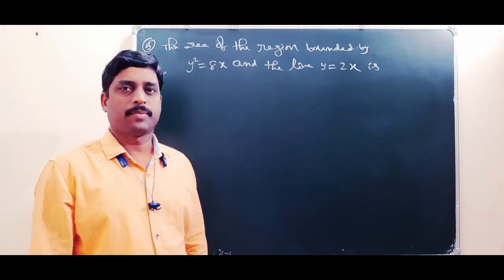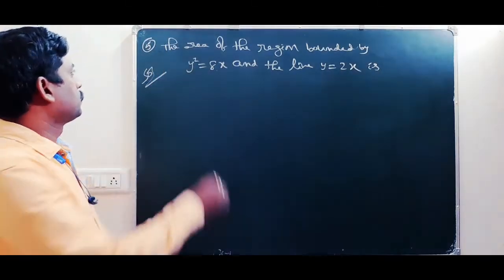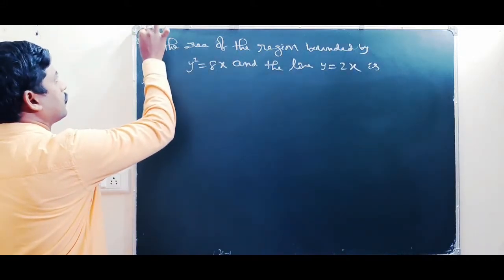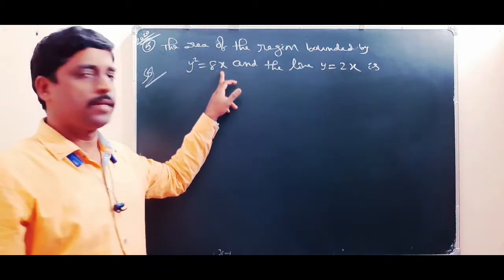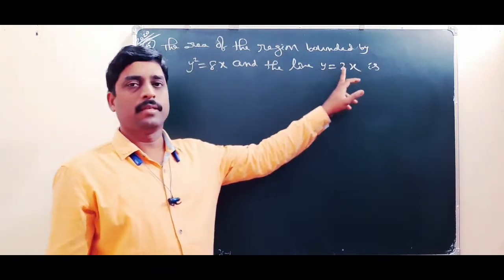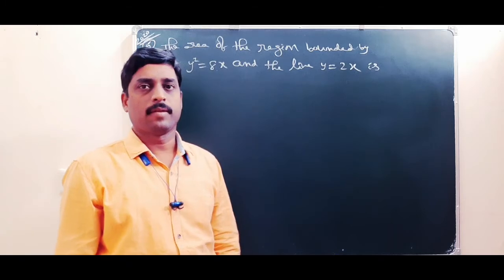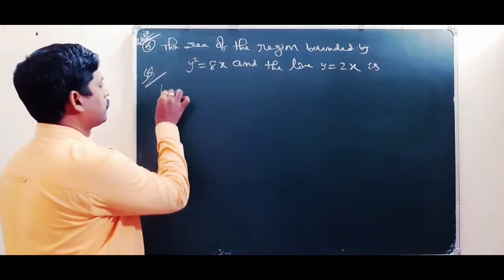Okay, let us go to the next problem. This is from the 2020 question. The area of the region bounded by y square is equal to 8x and the line y is equal to 2x. Okay, we have one formula.